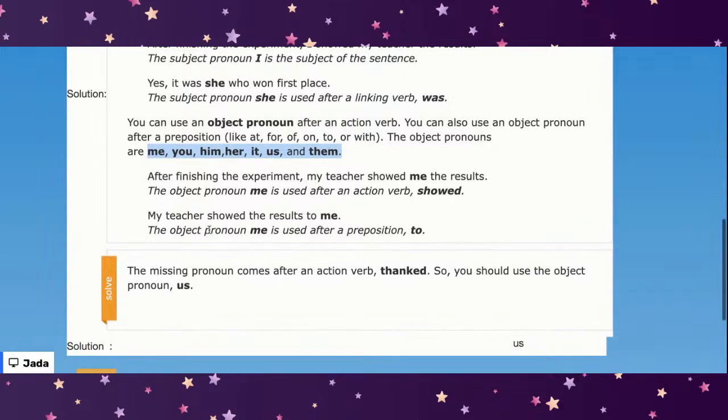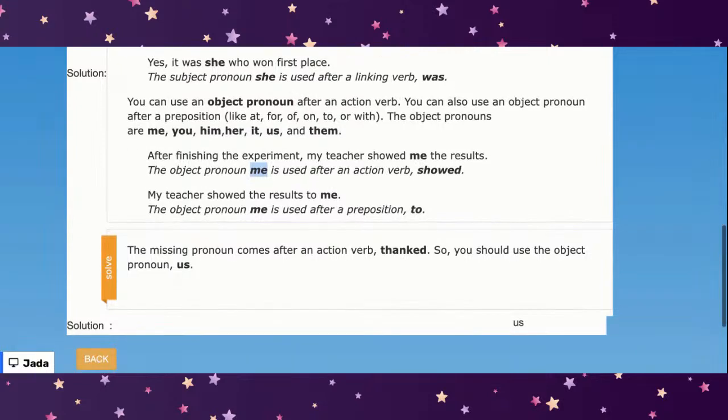After finishing the experiment, my teacher showed us the results. The object pronoun us is used after the action verb showed. An action verb is a verb going on in the sentence, the thing that is happening in the sentence. For example, sleeping, running, dancing, all these are action verbs.